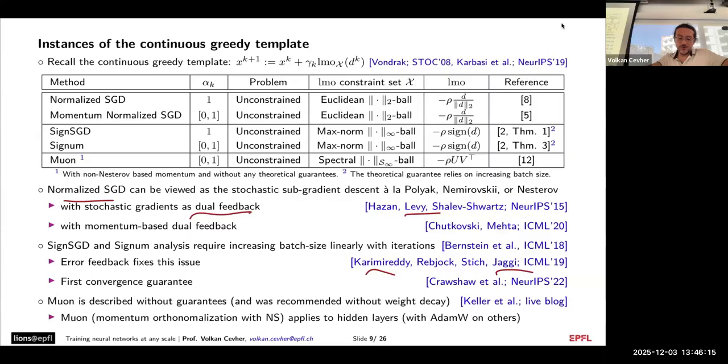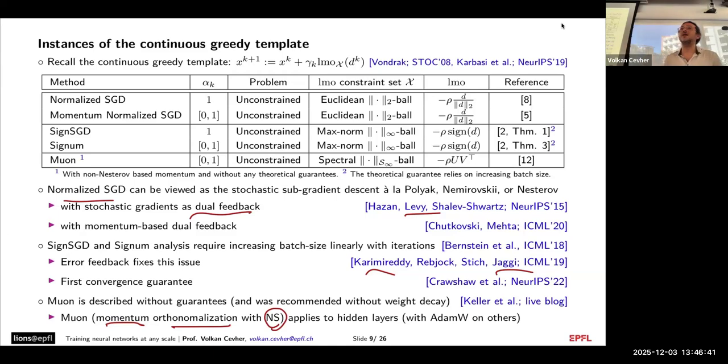The first convergence with sign SGD type of algorithms that I know is Michael Crawshaw's paper with Francesco Orabona in NeurIPS 22. Now, the Muon algorithm, which is momentum orthonormalization with Newton-Schulz. They use the momentum estimator, and for the LMO, they use the spectral norm.